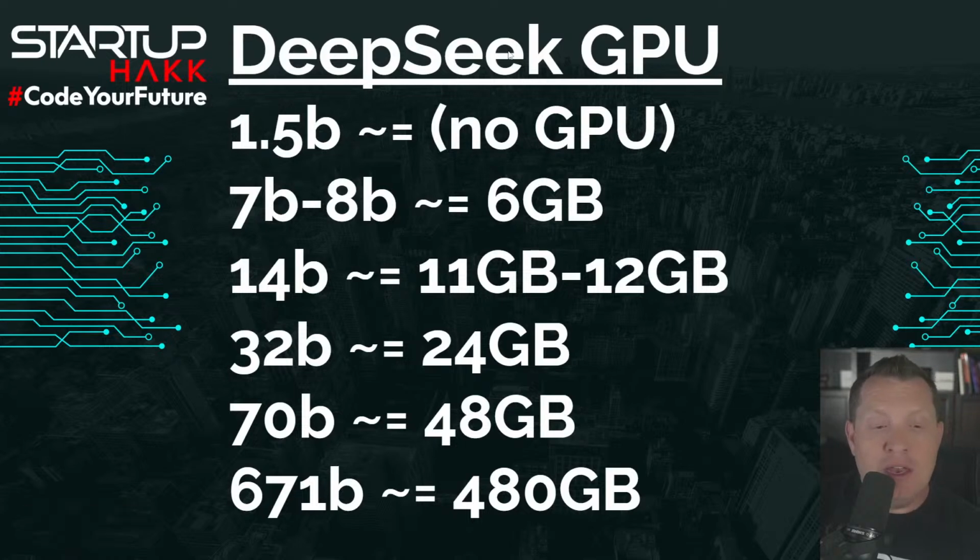Now, what GPU are you going to need for these? The GPUs work together because LLMs are about pattern matching. It's about using vector math to do pattern matching so that you can very quickly process patterns to see where they match.